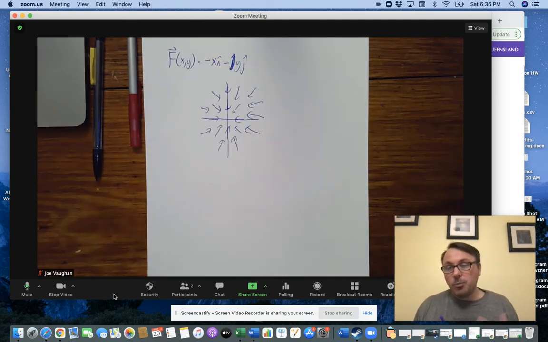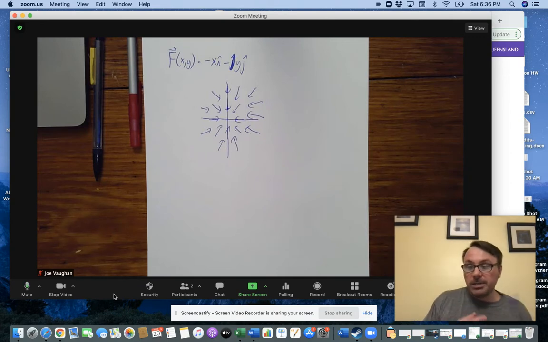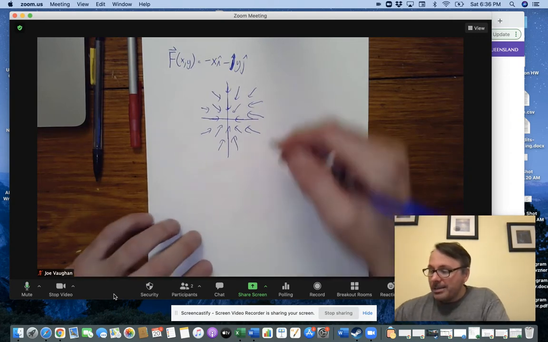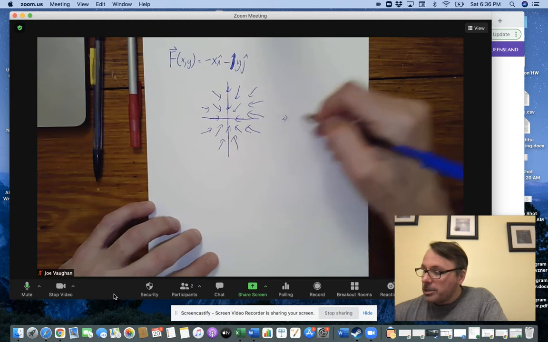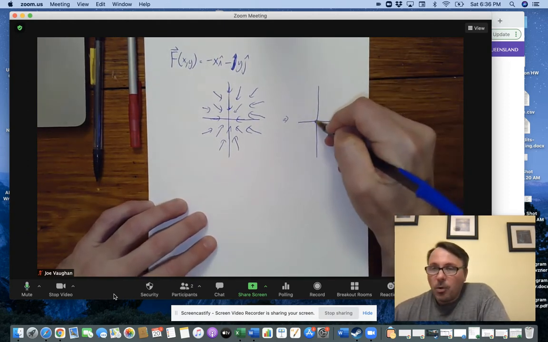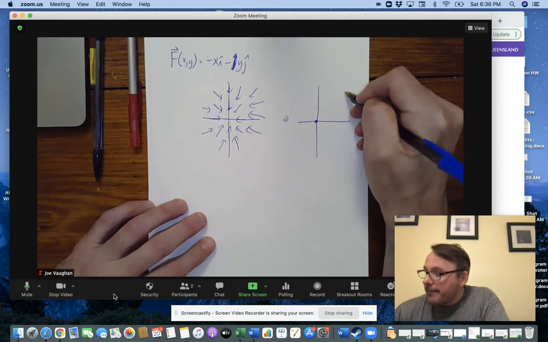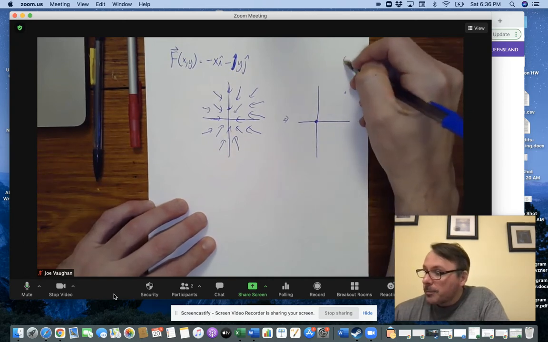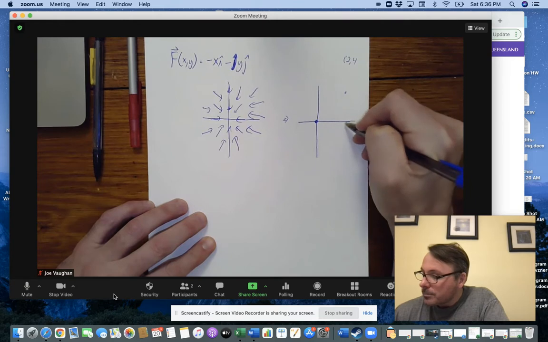But what we're going to do is show whether or not this force is conservative by picking 2 points in this space. I'm going to pick the origin and maybe the point 2, 4, right? So that's the point 2, 4.